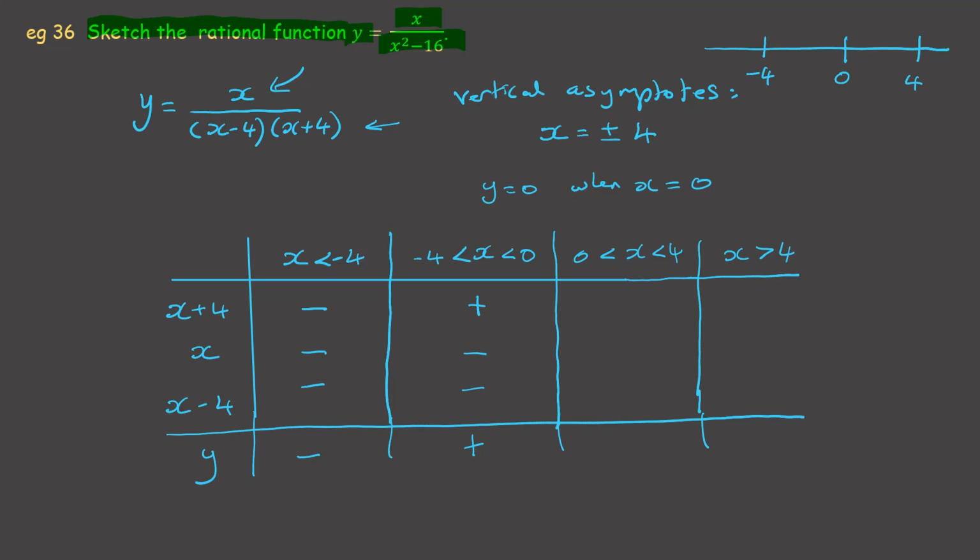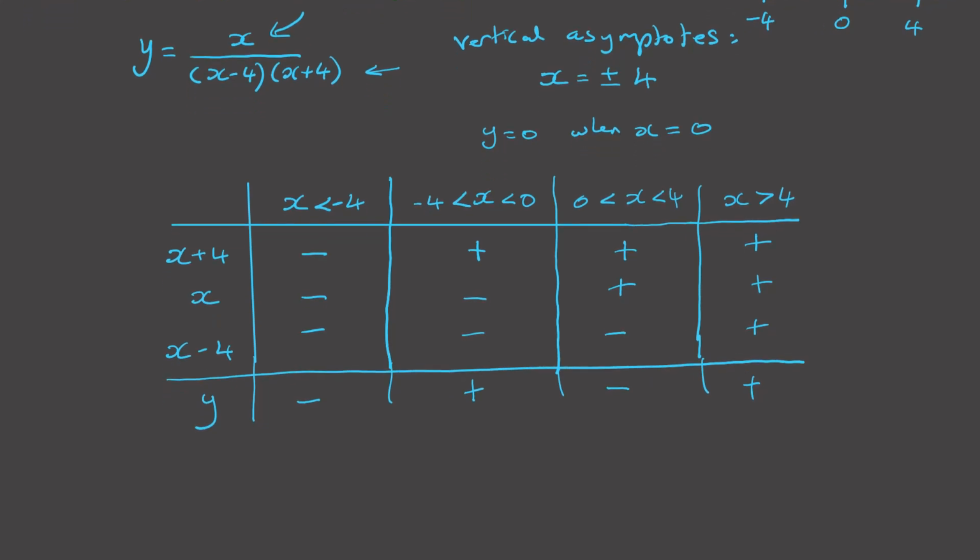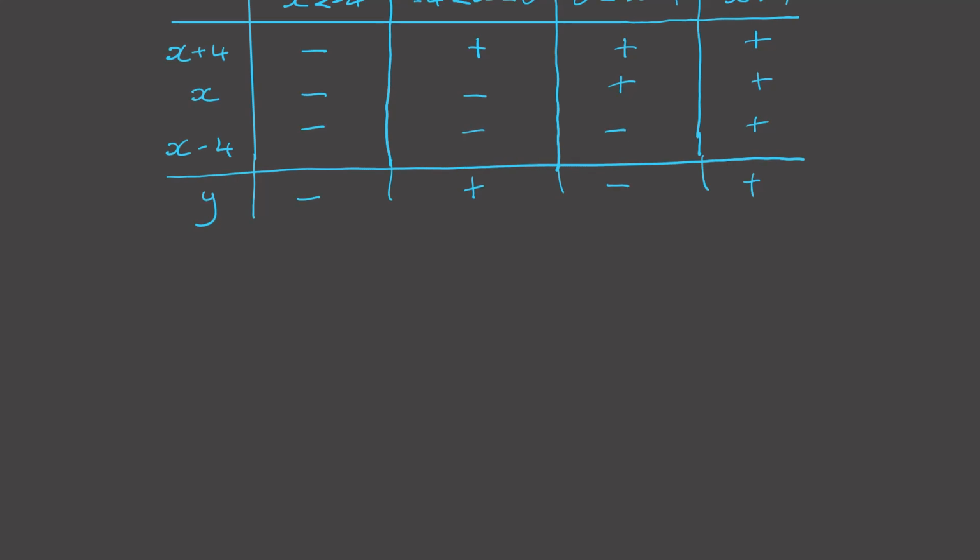Once I'm to the right of 0, positive, positive, negative, overall negative. And then once we're greater than 4, all three of those are positive, meaning overall it's positive. And it tells us the regions that the graph can be in. Now sometimes you might need to differentiate these to see if there is a turning point. It doesn't matter with this one, so we are just going to go ahead and do our sketch now.